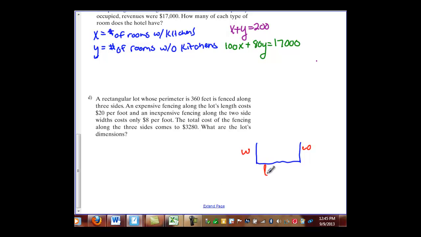Okay. All right, so the L and W are length and width, right? Those are our variables, what they stand for. So the perimeter is 360 feet. What equation do I get from that? If you put X and Y, that is fine and great.